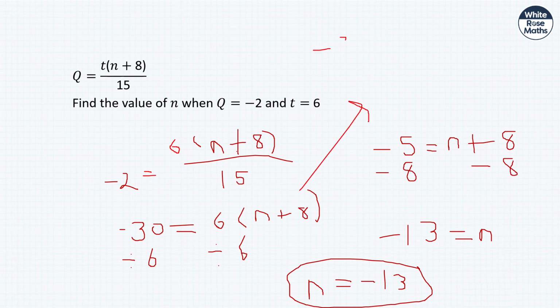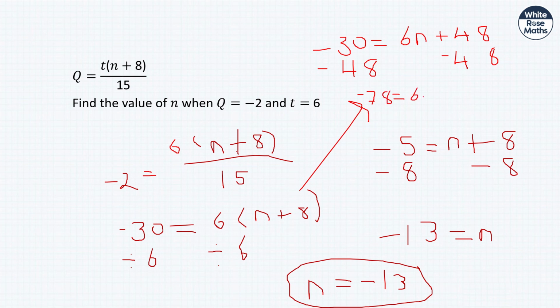You'd get minus 30 is equal to 6n plus 48. If you expanded it, subtract 48 on both sides to balance the equation, so balancing the scales. I get minus 78 is equal to 6n.